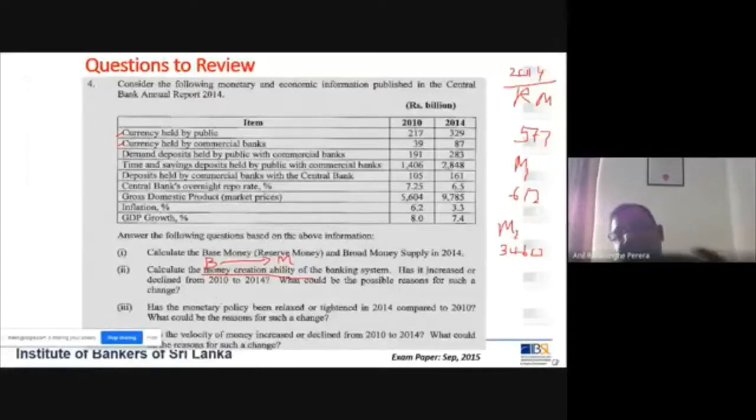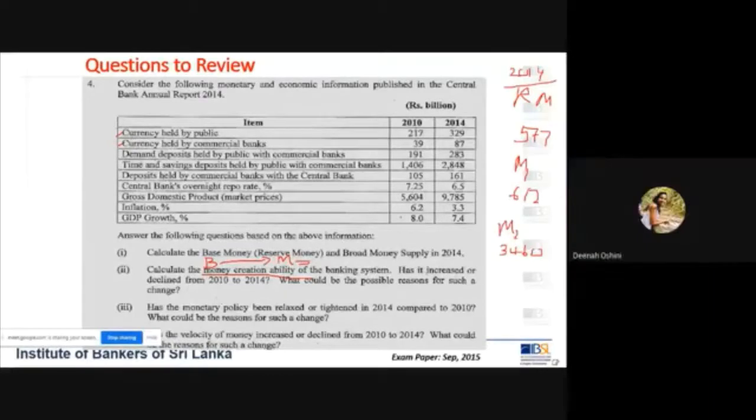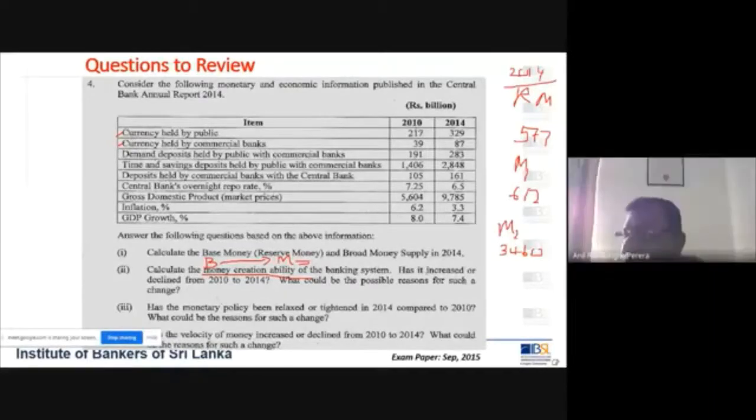Remember, we discussed that money creation process very briefly. So it happens through deposit taking and lending. Now, from base money to broad money, that process you call it money creation ability. How do you measure it? What is the way to measure this? Do we have any particular way? Into base money.